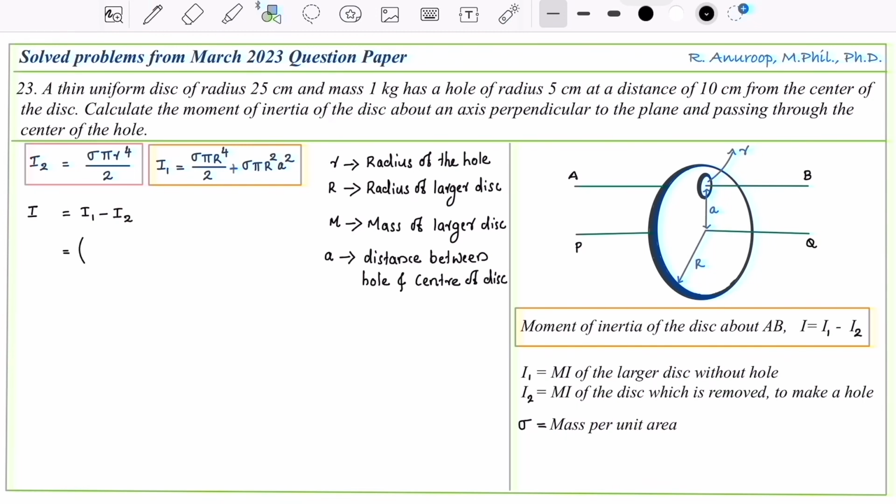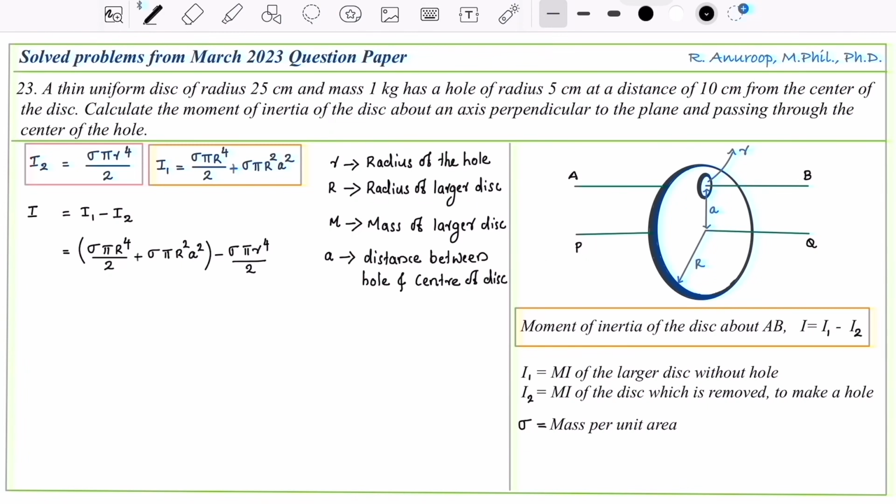I1 is sigma pi capital R raised to 4 by 2 plus sigma pi capital R square a square, then minus I2, that is minus sigma pi small r raised to 4 divided by 2.